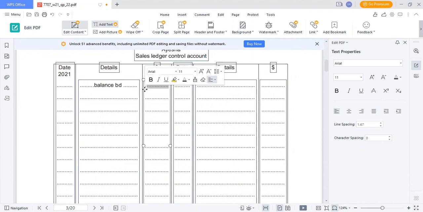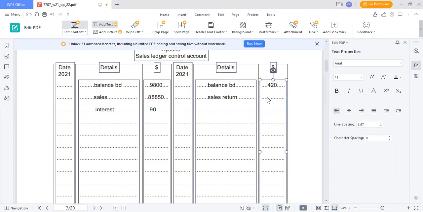That is 9,800. We have sales. Then we have interest, that is 90. Then we have balance BD, that was a credit balance, that is 420. Then we have sales return, that is 2,400.